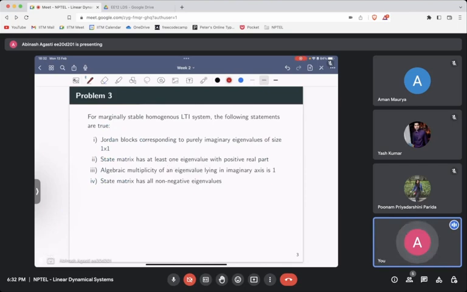So for a marginally stable homogeneous LTI system, the following statements are true. Okay, so can someone help me define what a marginally stable system is? Right, so that is one of the conditions.